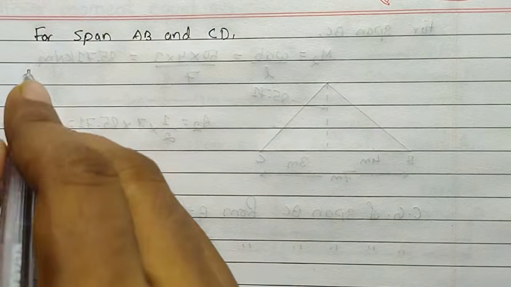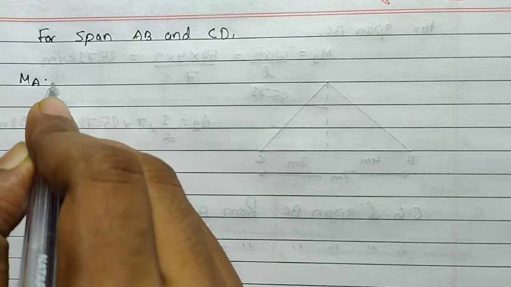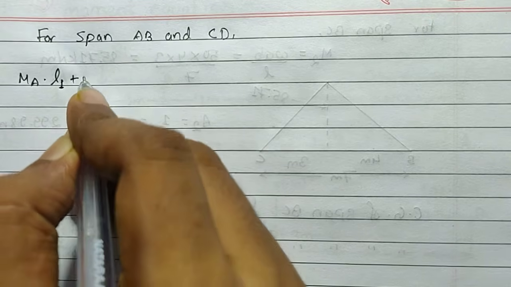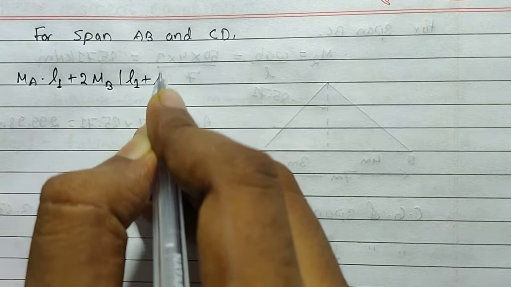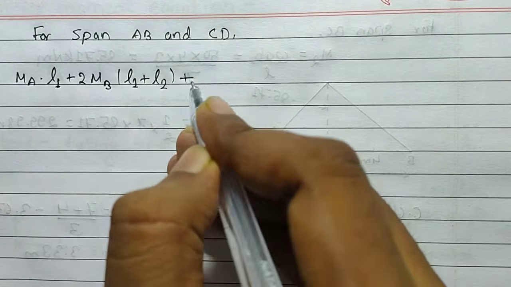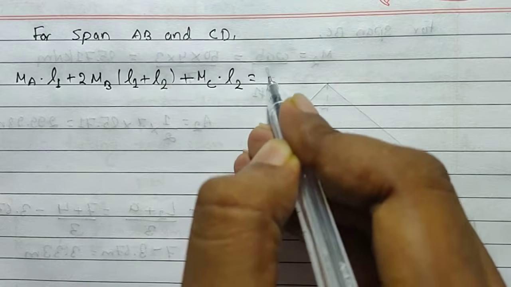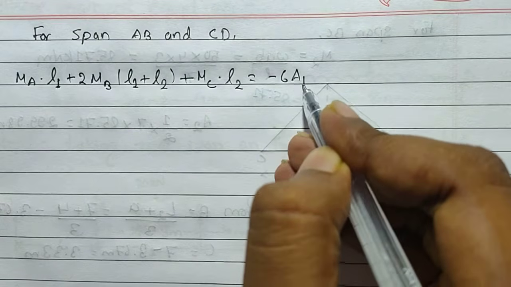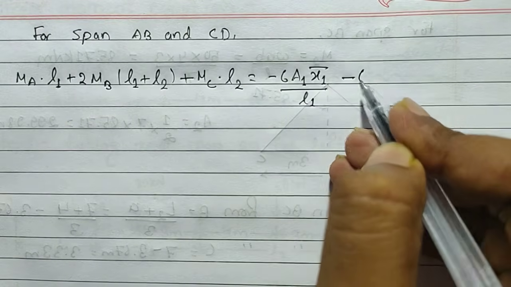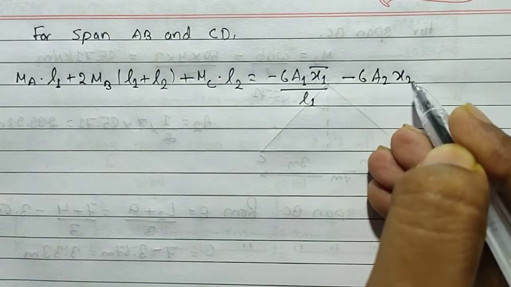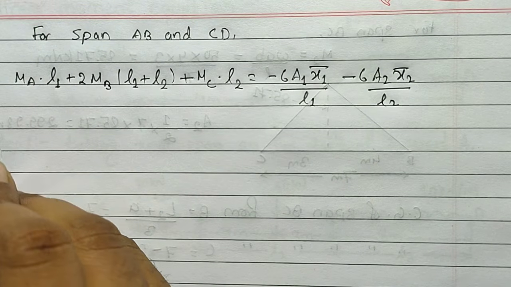So its equation is going to be MA times L1 plus 2 MB times (L1 plus L2) plus MC times L2 equals minus 6 A1 x1 by L1 minus 6 A2 x2 by L2. So now put down the values here.